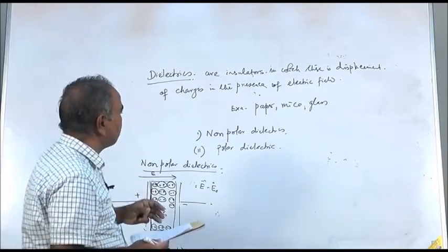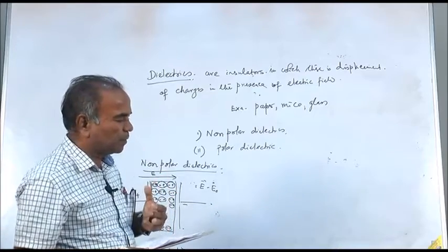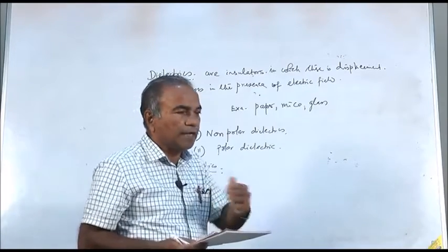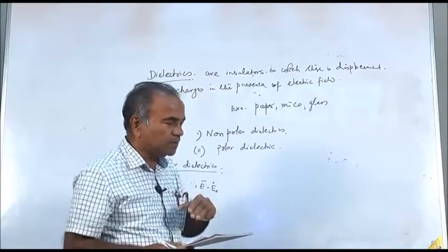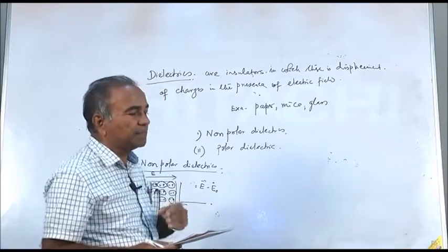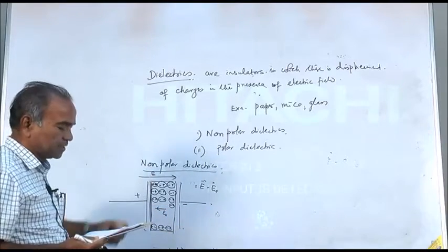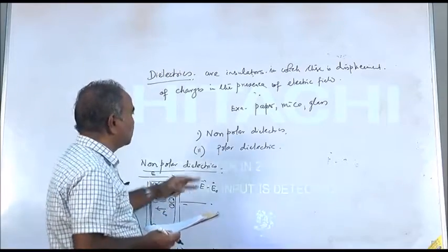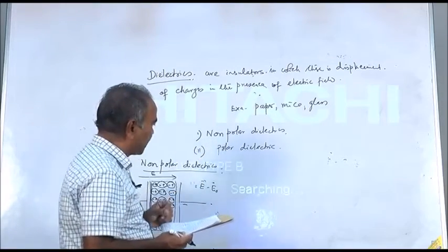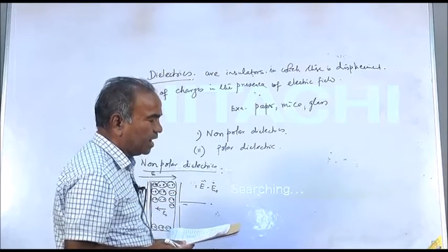When the electric field is applied, these permanent dipoles orient themselves along the direction of the field, and the orientation depends on the temperature and also the strength of the electric field. Examples of polar dielectrics are carbon dioxide, ammonia (NH3), and HCl, etc.